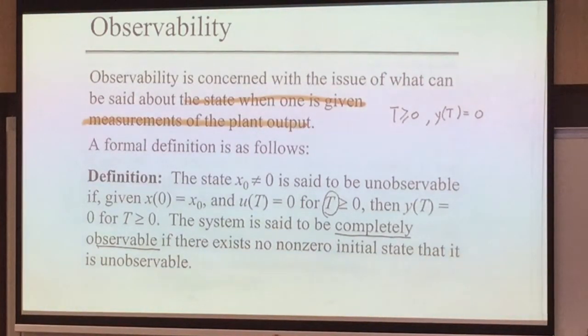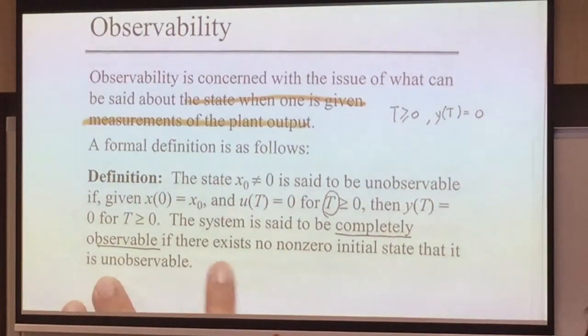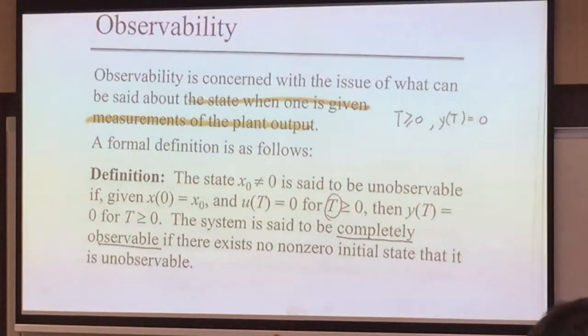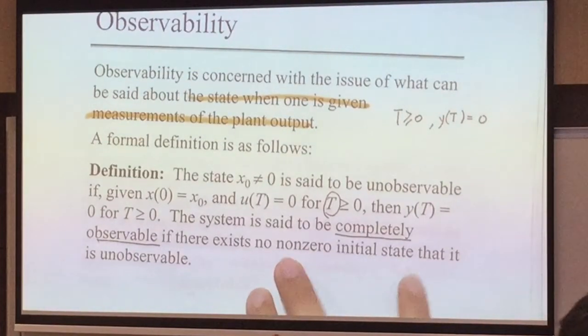The system is unobservable because the output is 0. You understand this? If you're asked about the definition, you don't need a perfect one. The system is said to be completely observable if there is no such non-zero initial state that is unobservable.